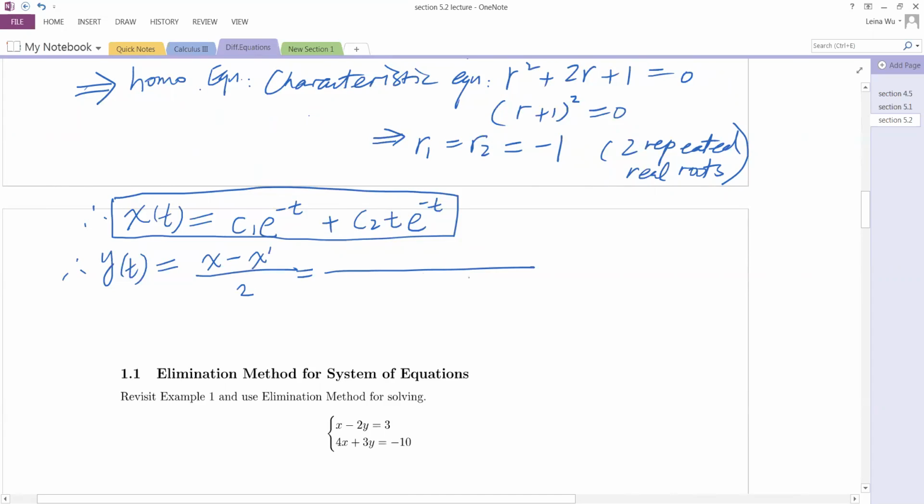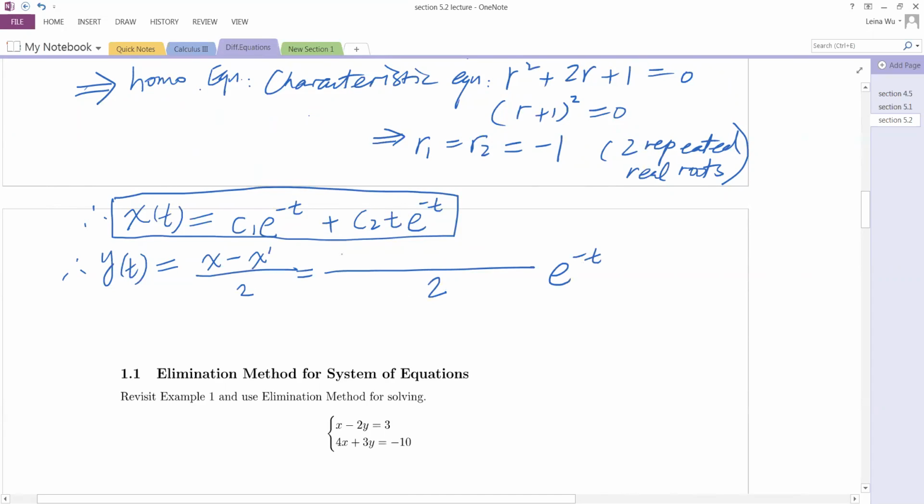Okay. I'm going to save some time here in terms of the calculating. Do you want me to show you the steps for the subtraction? I think you guys should be able to handle this, right? Yeah, that's fine. Let's write down the solution. So eventually you can pull out e to the negative t, and then you have 1/2.